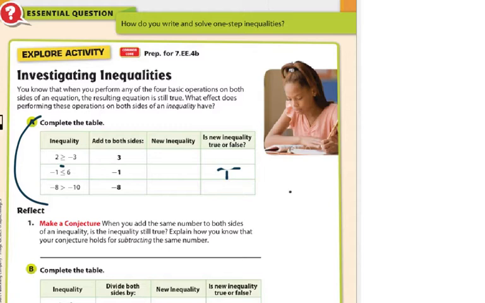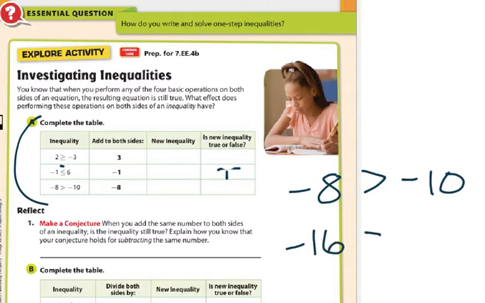All right, -8 is greater than -10. They want us to add -8, so -8 plus -8 equals -16, and that is greater than -10 plus -8, which is -18. This one's a tricky one sometimes because I'm saying -16 is greater than -18.